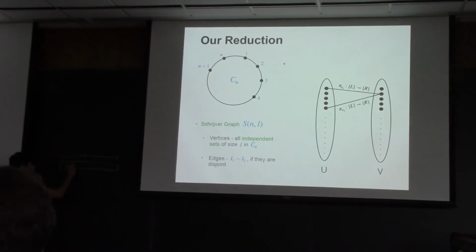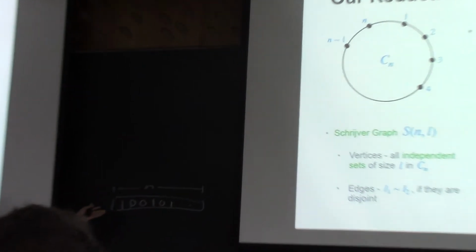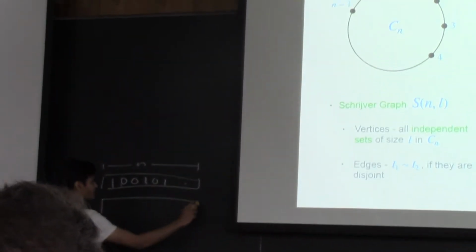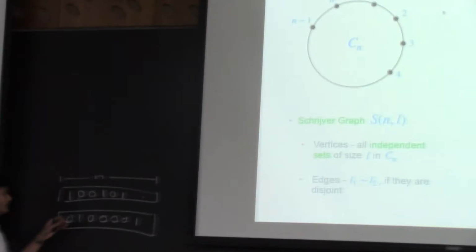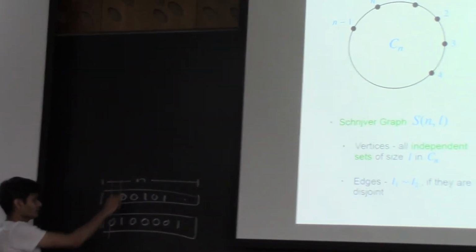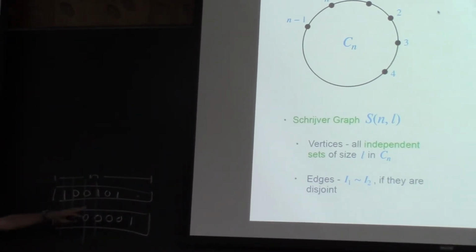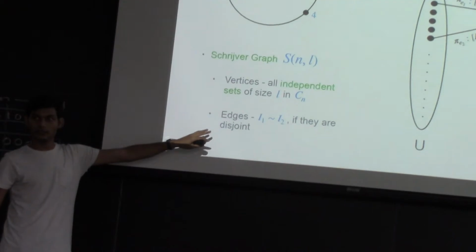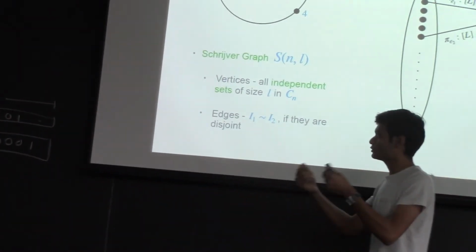So possibly this represents a vertex in a Schreier graph. And two vertices are connected if they are disjoint. So if you put two vertices here, then we want that in every coordinate you don't see 1 1. That's just saying that you connect two vertices if the independent sets corresponding to the two vertices are disjoint.